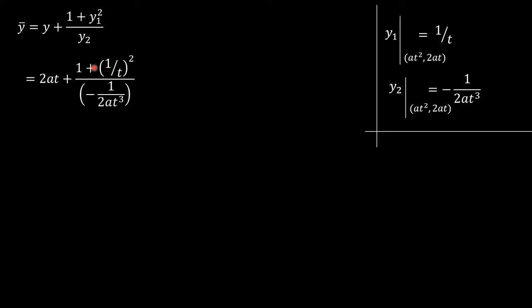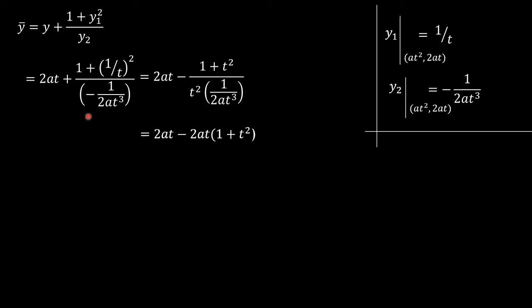Substitute the values of y, y1 and y2 and simplify it, so that you are going to get the value of ȳ. Observe over here you have 2at − 2at, so that gets cancelled, you have −2at into t², which is nothing but −2at³. So the corresponding y coordinate of the center of curvature is −2at³.